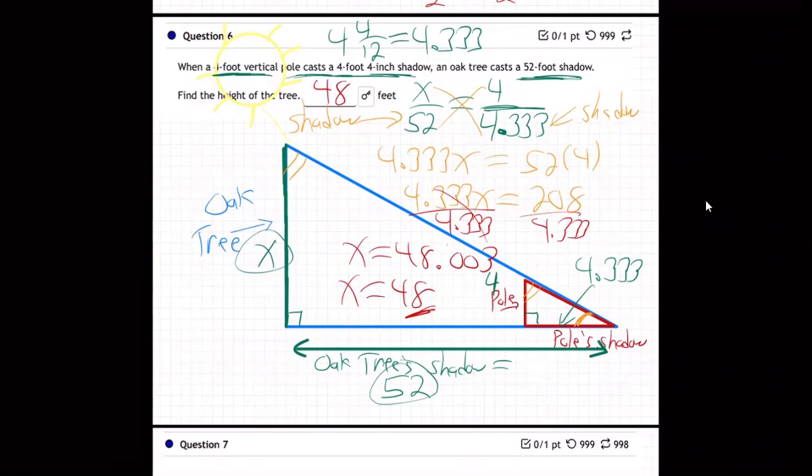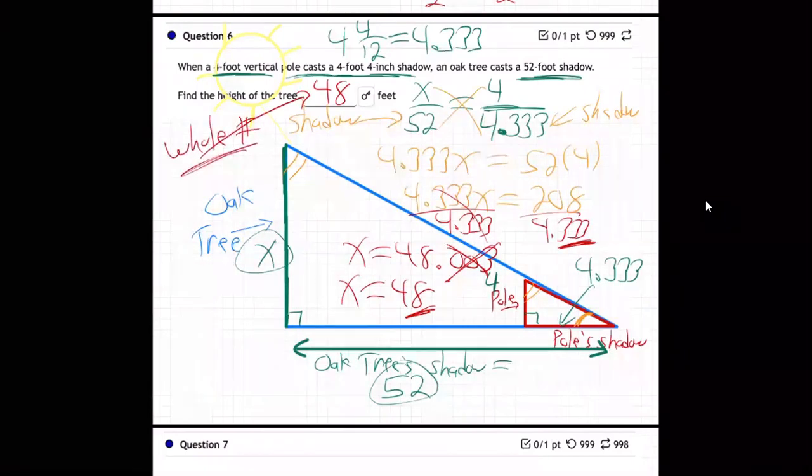That 0.003 is because the 3's actually went forever and I rounded; I stopped some of the 3's. So just give a whole number answer on this one, and it'll actually be exactly right because of the rounding. Is that making sense on that?